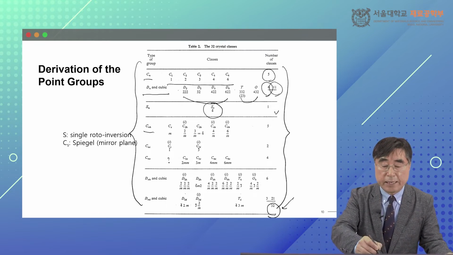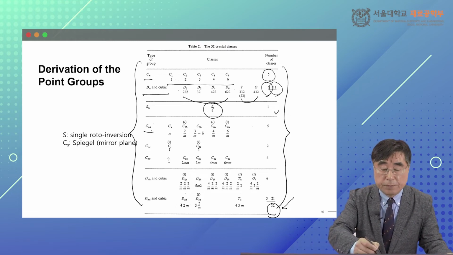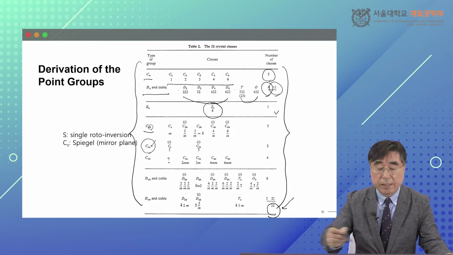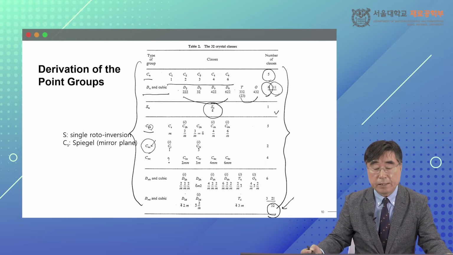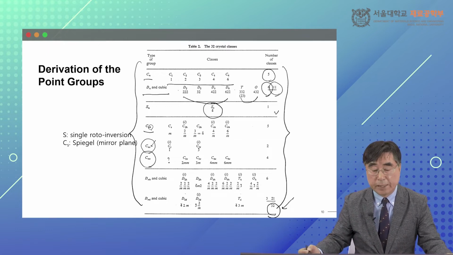Now there's CnH, the cyclic rotation operation of n-fold, and now he put the horizontal mirror plane. CnI, the simple cyclic rotation operation of n-fold, and now he put an inversion center in there, so he defined it as CnI. CnV is the vertical mirror plane.